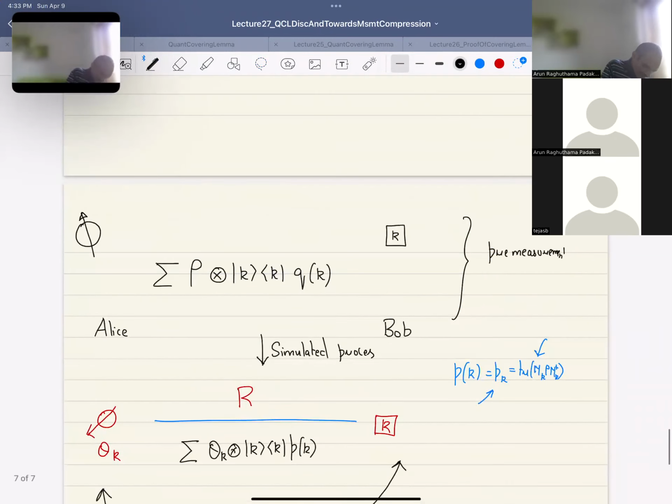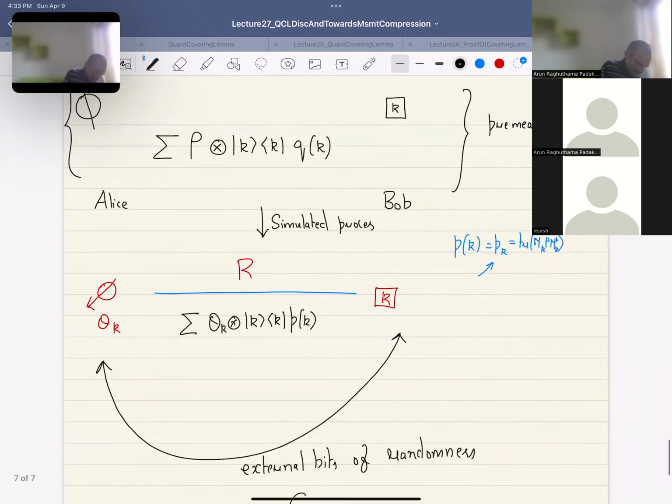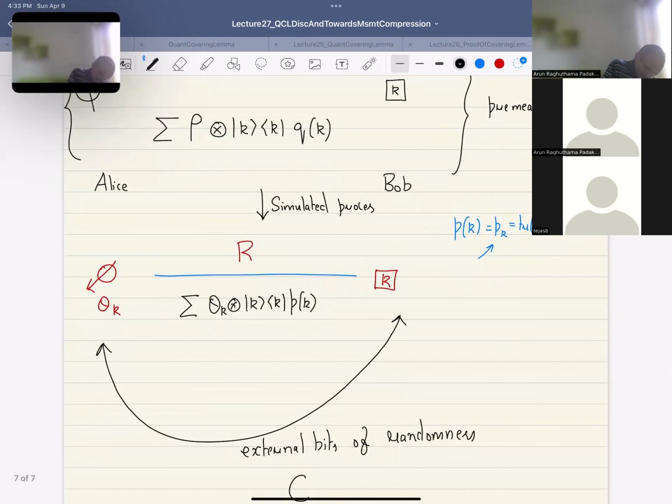So what I'm saying is, my pre-measurement situation is exactly as before. Now my new process does something. It takes some external bits of randomness, both at the quantum state and the classical register. It communicates R bits from the post-measurement state. So Alice will perform a measurement.